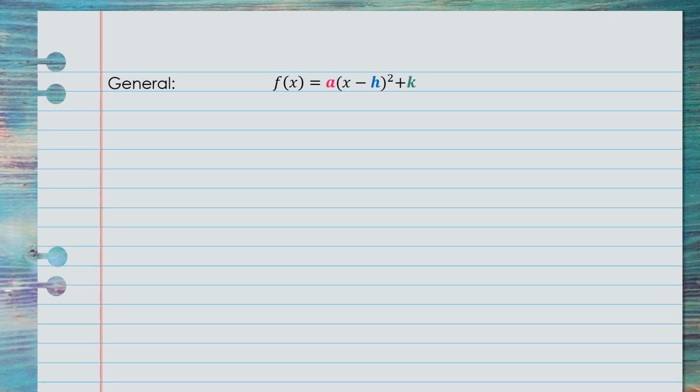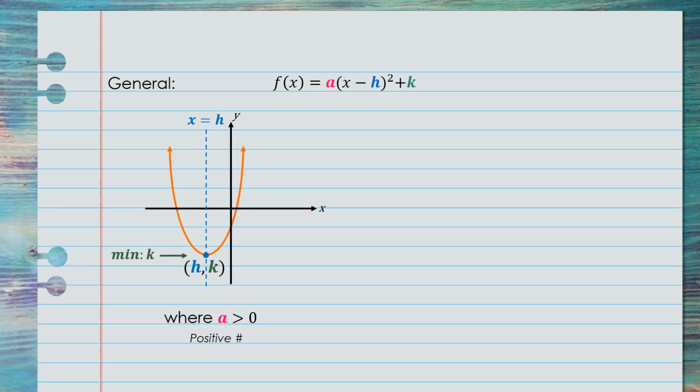If we have the function f of x equals a(x minus h) squared plus k, and we're assuming that the a value in front of the parentheses is greater than 0, or positive, it will create an upward facing parabola, like so.